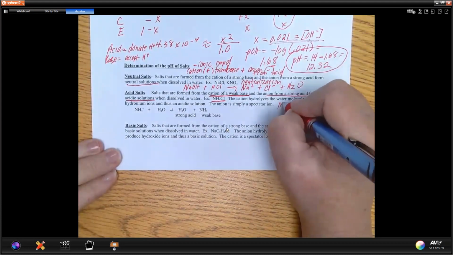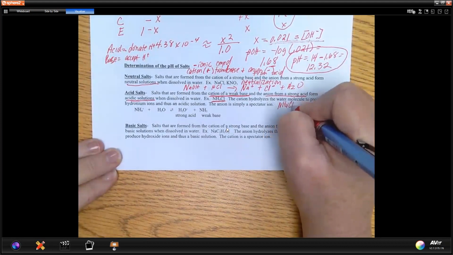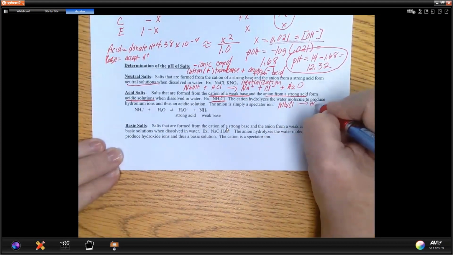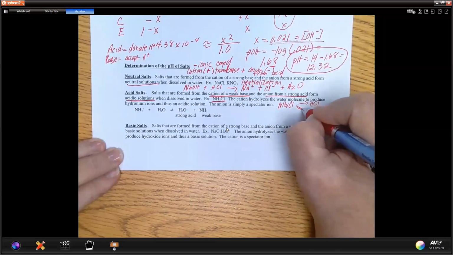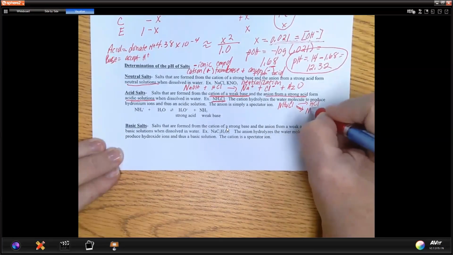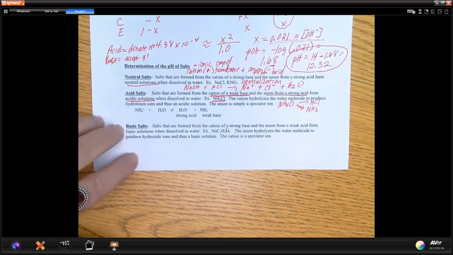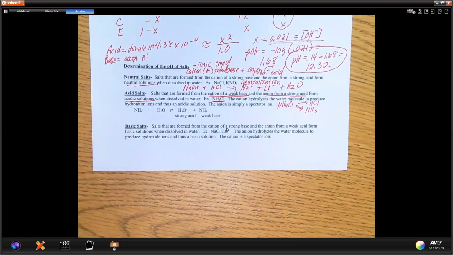So if we think of NH4Cl, if that's my salt, it would have come from mixing hydrochloric acid, which is a strong acid, and ammonia, which is a weak base, in an aqueous solution. So that's how I would have gotten that salt.